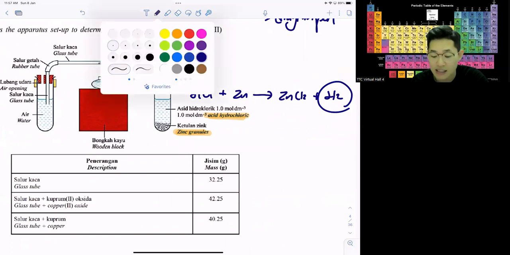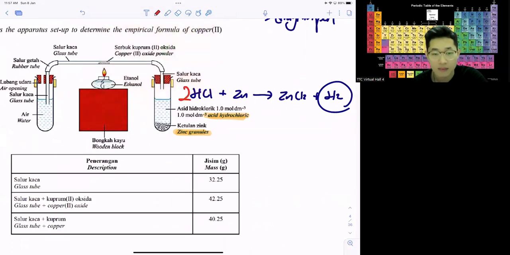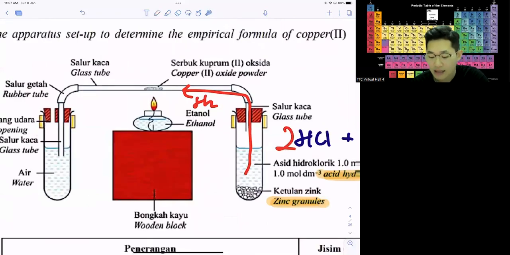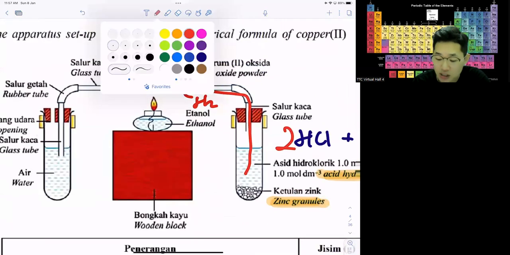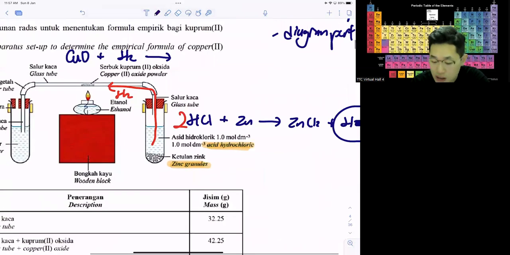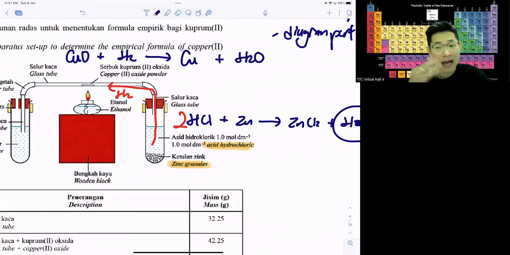Okay, 考试可能会叫你写 equation 的, they might ask you to write the equation. Don't forget to balance it. Okay, so the hydrogen gas will flow into the glass tube here and then react with the copper 2 oxide. So copper 2 oxide reacts with H2 to produce Cu plus H2O. How do I know?